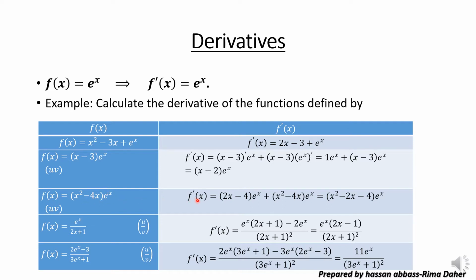Then f prime of x equal 2x minus 4, where 2x minus 4 is the derivative of x squared minus 4x, plus x squared minus 4x into e^x, where e^x is the derivative of e^x. Take e^x common factor, we get f prime of x equal x squared minus 2x minus 4 into e^x.